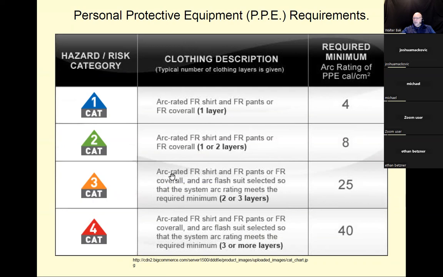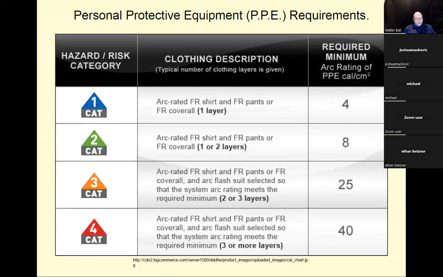What do we need for that? Arc-rated flame retardant shirt and pants and coverall and arc flash suit, selected so that the system arc rating meets the requirement, minimum 2 or 3 layers. That should give you protection against 25 calories per centimeter squared.